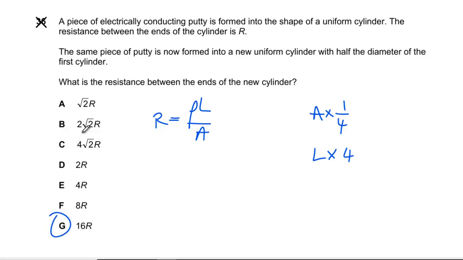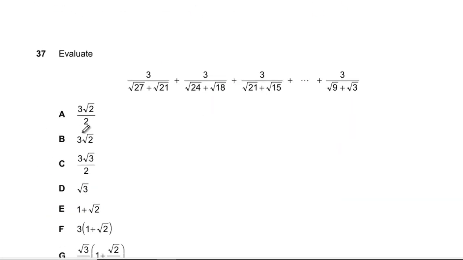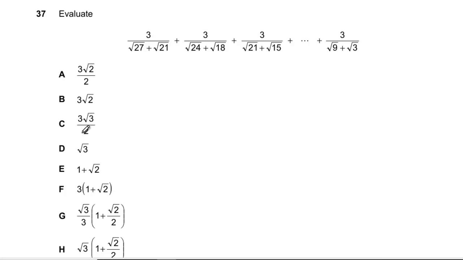Right, another easy one. That suddenly happened with 3 in a row there. Right, evaluate that. Well, that doesn't look very good, does it? So we've got 3's at the top of all of them. We've got 27, 21, 24, 18, 21, 15. Right, so we're dropping in 3. So we've got root 3's at the bottom. So I'll factorize that bit then and see what happens.